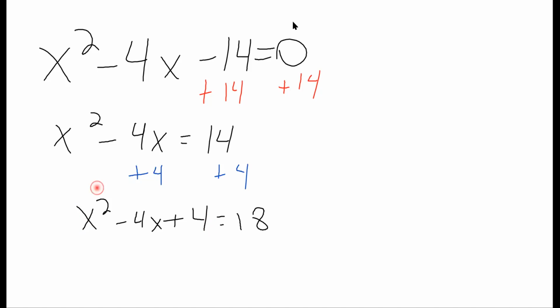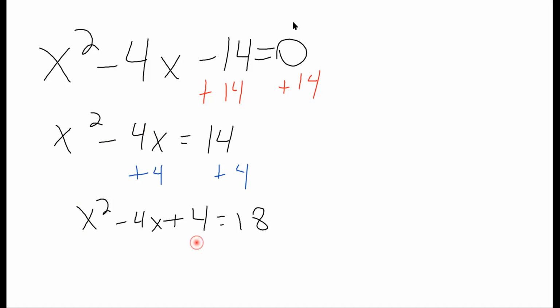If you factor the left-hand side, and I know I just spent a few minutes making fun of factoring, but it's still semi-helpful. If you factor the left-hand side, it turns out by taking half the coefficient here and squaring it and then adding it to both sides, we introduce something that can be easily factored. In fact, it factors as something we call a perfect square trinomial. So just looking at the left-hand side, we're ignoring the 18 at the moment.